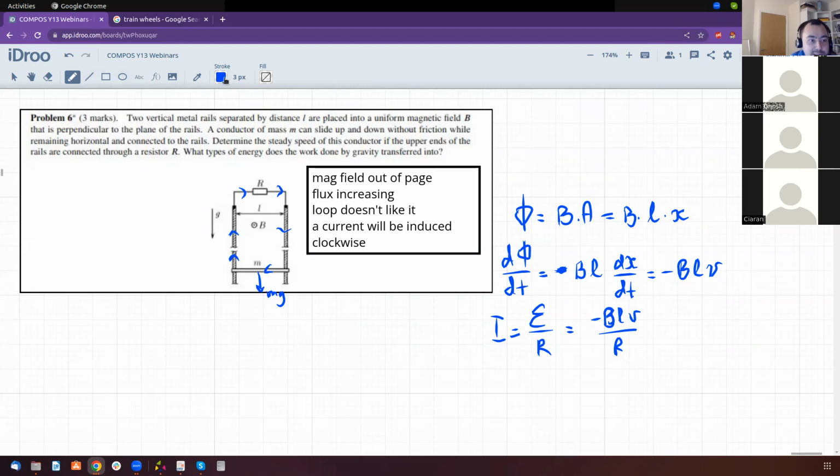There's an upwards motor effect force. So it's a wire inside a magnetic field. So Fm is the motor effect. So F is equal to BIL.